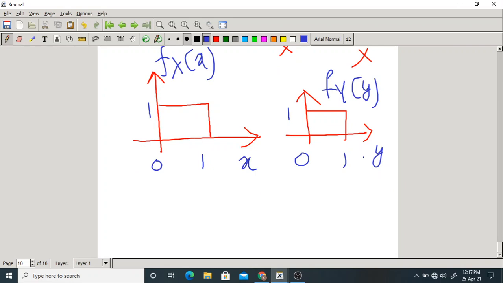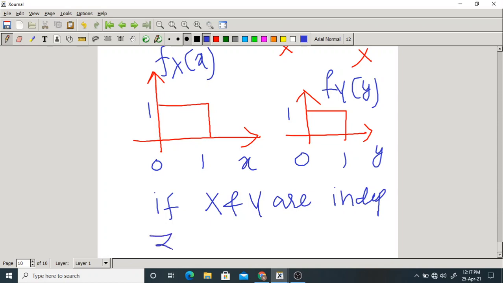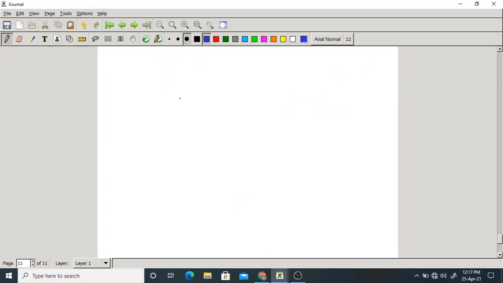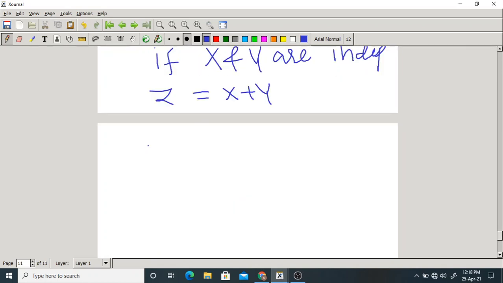So they gave us the two PDFs of x and y, both uniform distributions. And if x and y are independent and z equals x plus y, find the PDF of z.